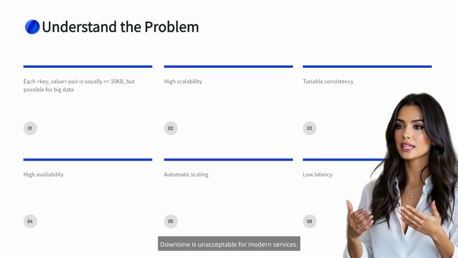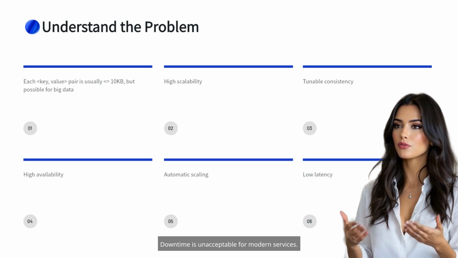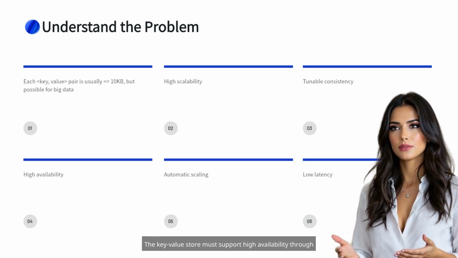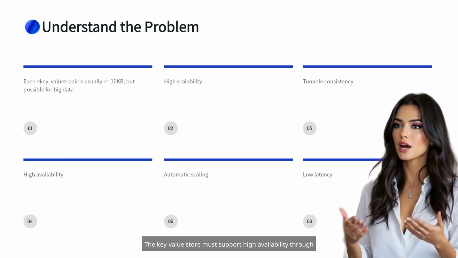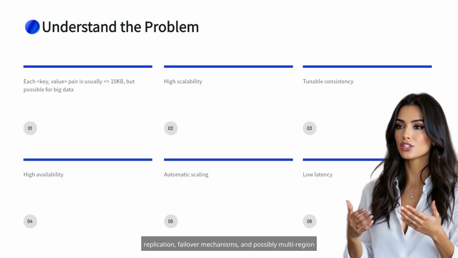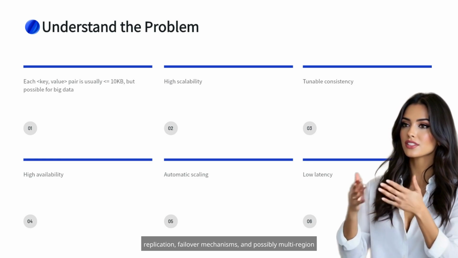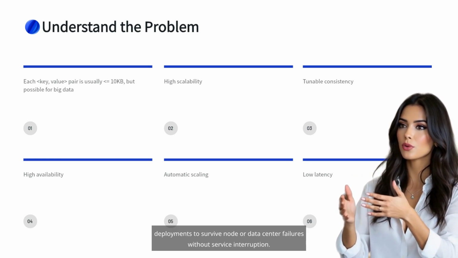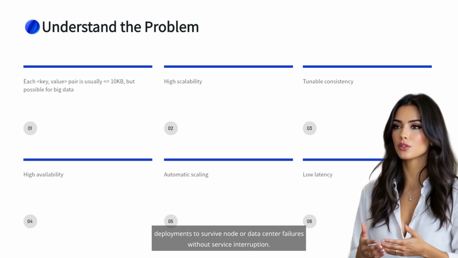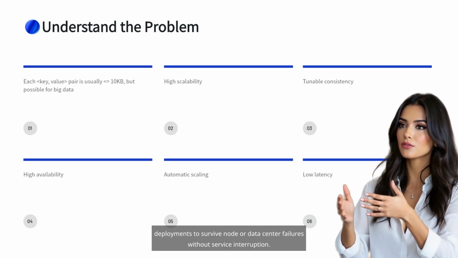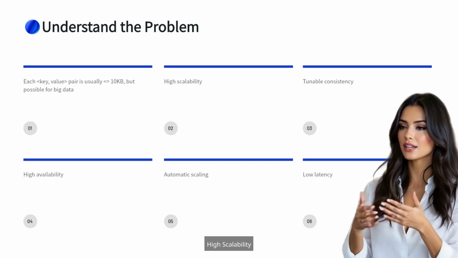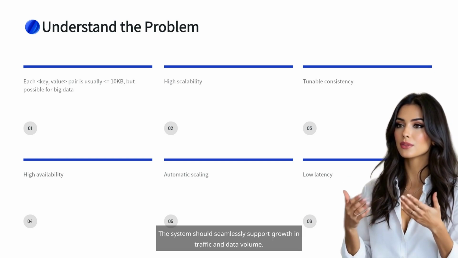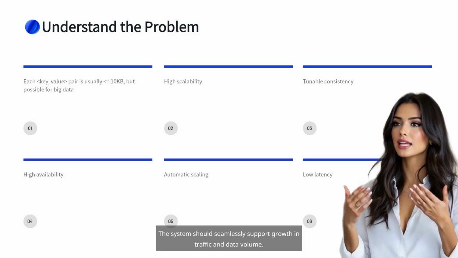High availability. Downtime is unacceptable for modern services. The key value store must support high availability through replication, failover mechanisms, and possibly multi-region deployments to survive node or data center failures without service interruption. High scalability. The system should seamlessly support growth in traffic and data volume.